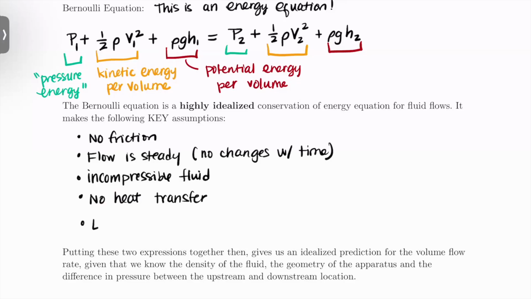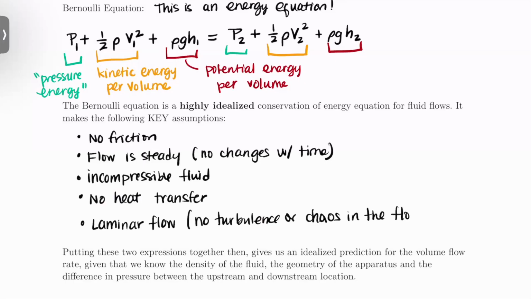And we're assuming a laminar flow, meaning no turbulence or chaos in the flow. And this last one essentially means that if we have our fluid flow, we need to be able to say that I can draw an organized straight line from point 1 to point 2.